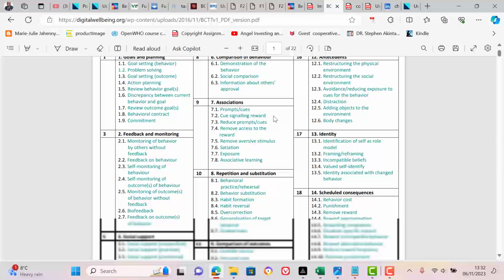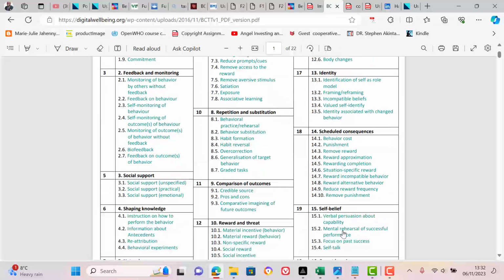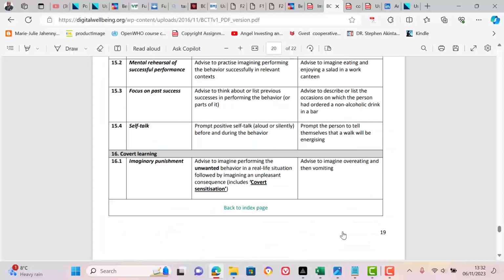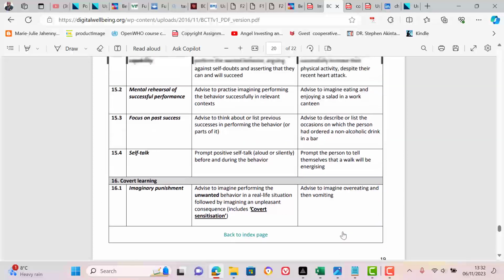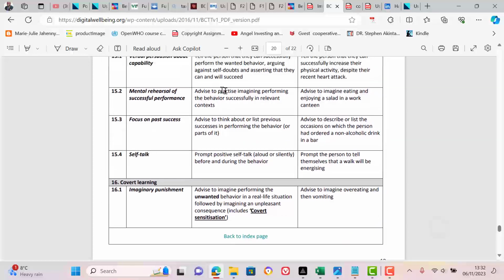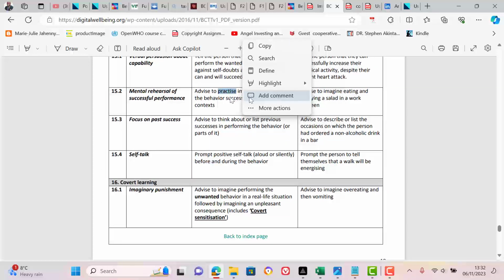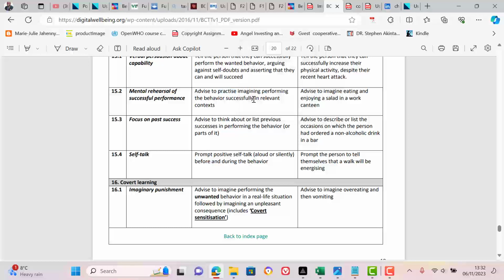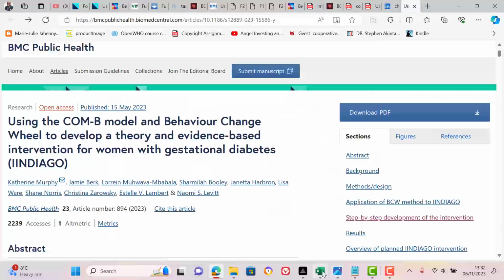Let's go back to 15.2, mental rehearsal of successful performance. 15.2: advice to practice imagining performing the behavior successfully in the relevant context. Is that what they did? I want to see whether that's what they did.